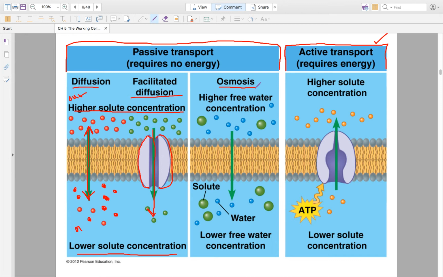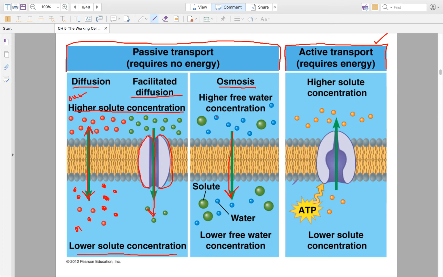In this case, these little blue guys right here are water, and these solutes are pretty big. There's 1, 2 solutes on this side of the membrane. How many are on this side? 1, 2, 3, 4. Therefore, water will always move towards the higher solute concentration. Very good. Now, all three of these, diffusion, facilitated diffusion, and osmosis, are passive transport.